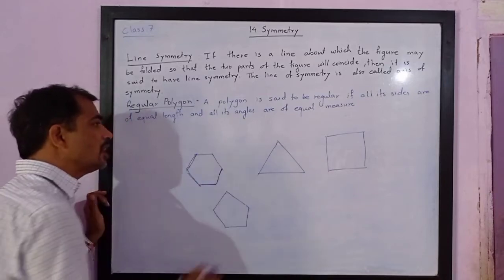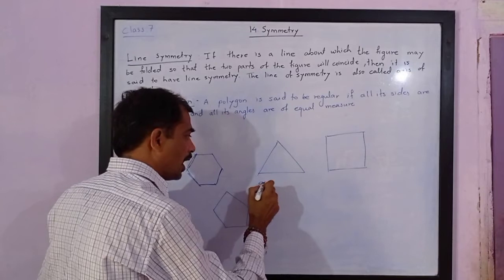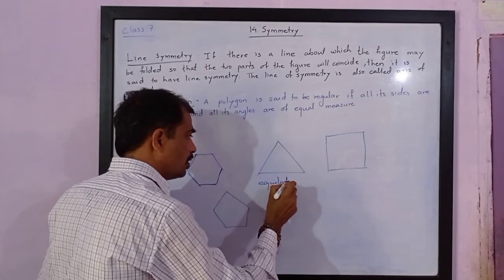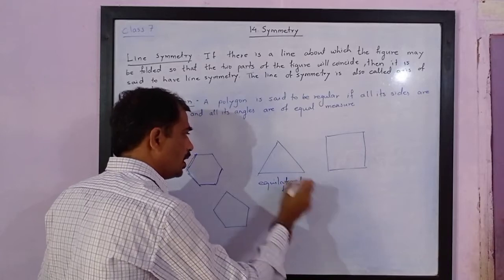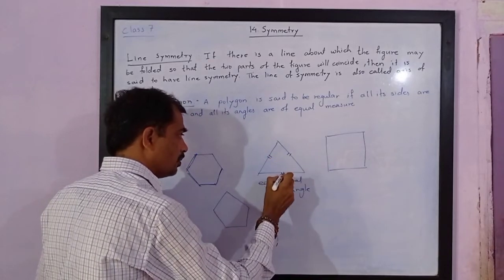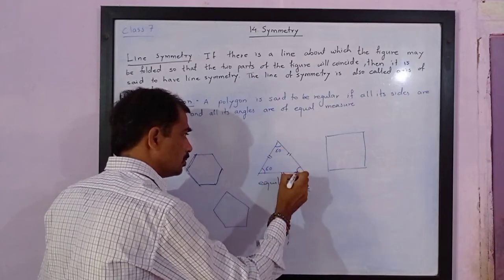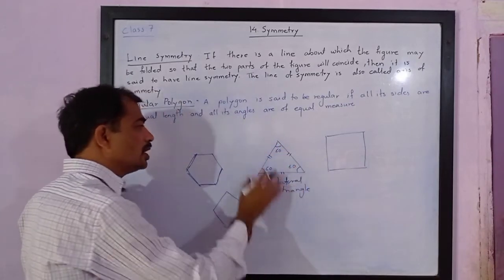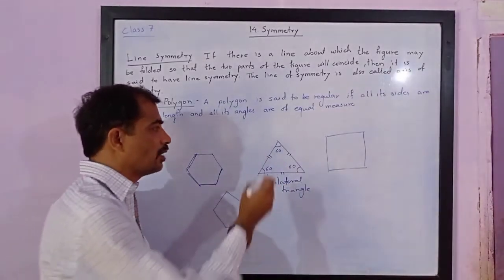Please note, in all these figures you will notice that in the case of an equilateral triangle, all three sides are equal and all angles are 60 degrees. So please note, this is a polygon. This equilateral triangle can be called a regular polygon.